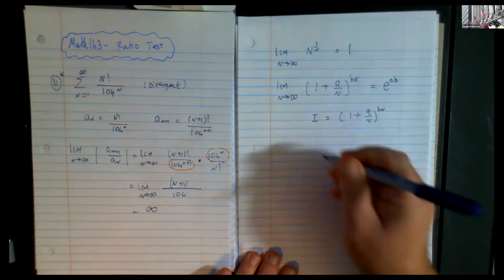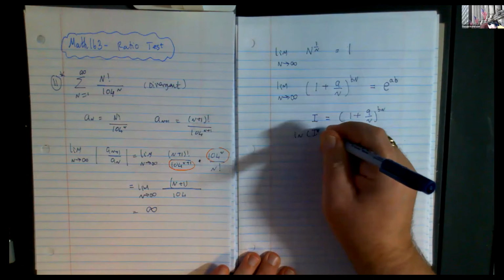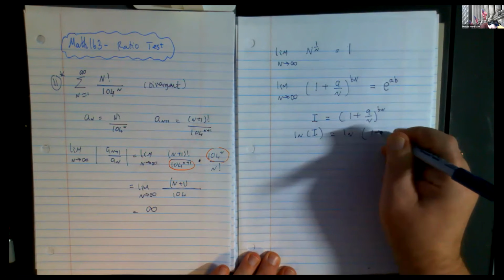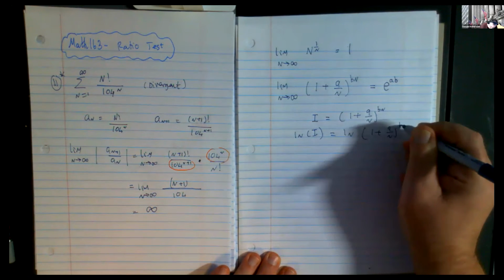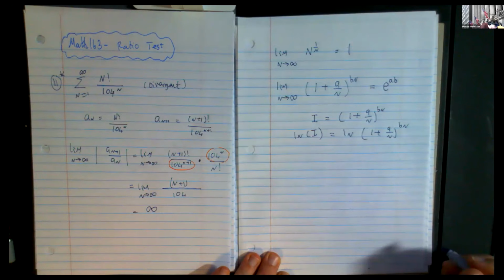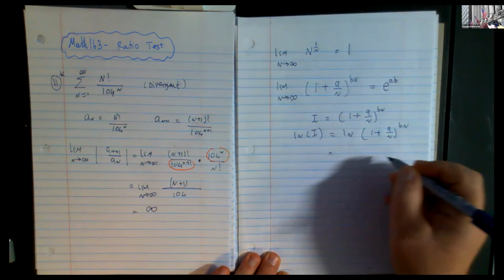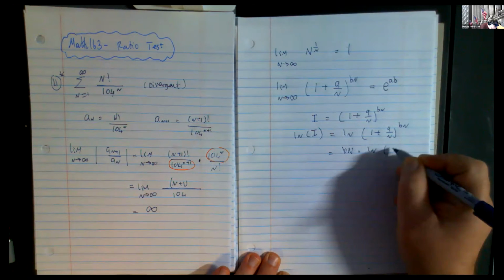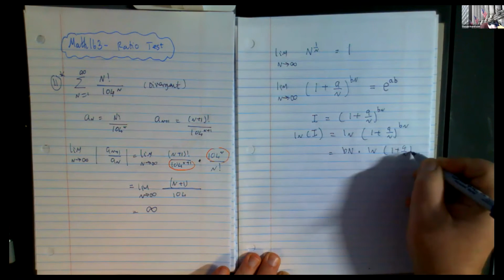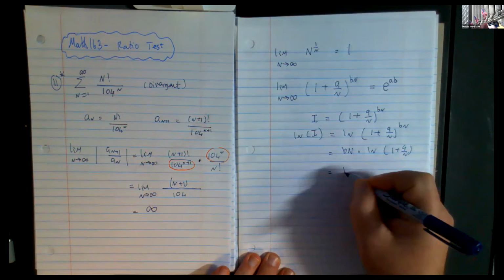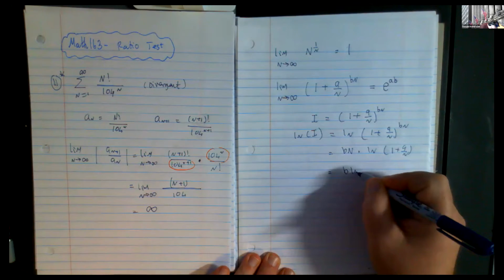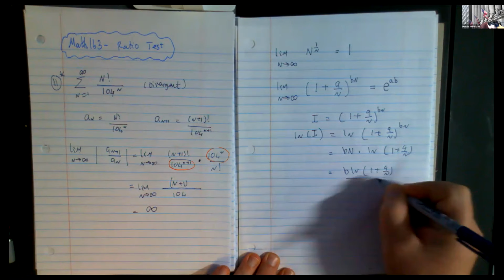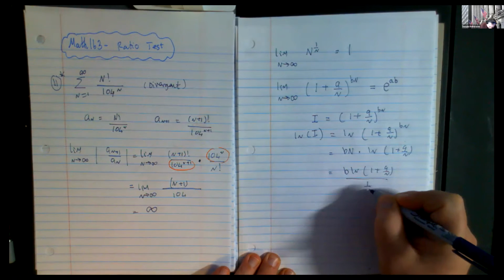Now, if I take the natural log of I, then I take the natural log of this fella. Agree? And this fella becomes Bn times the natural log of 1 plus A over n. And then I'm going to call it B, natural log of 1 plus A over n, and instead of that n, I'm going to put it on the bottom.